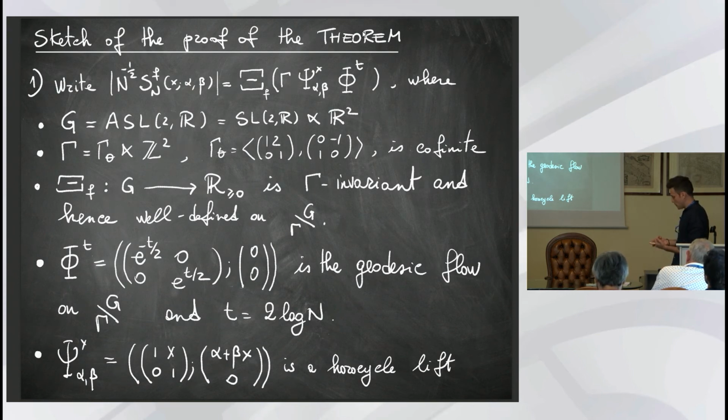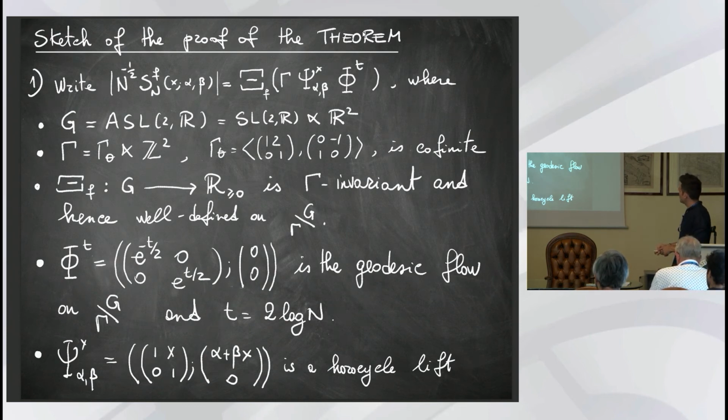The first step, which is in a sense the most mysterious in my presentation, is to come up with a function capital C, which depends on f. F is my weight. Think of, again, the Gaussian in the particular case of the Jacobi function.